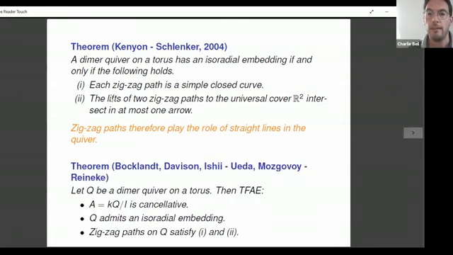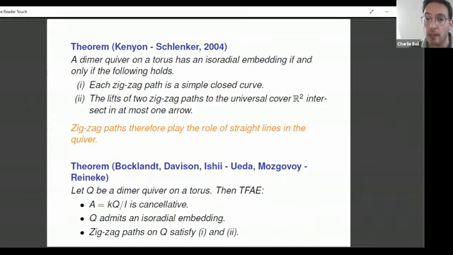And then, along with all the activity showing that cancelative dimer algebras on a torus were Calabi-Yau algebras and non-commutative crepant resolutions, they have these nice homological and algebraic properties, whatever these words mean.